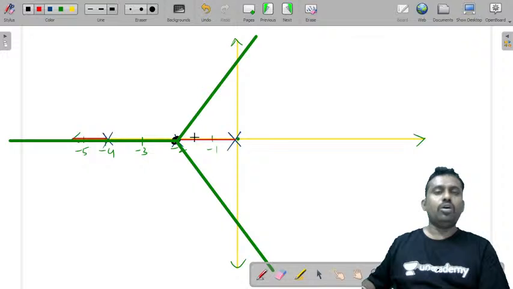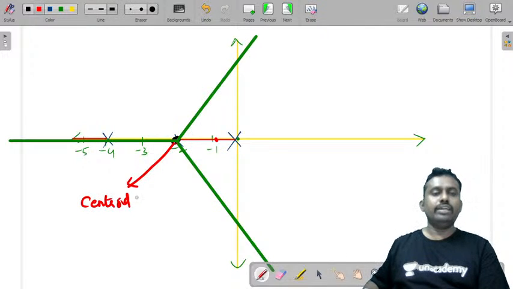We have got -0.8 as the breakaway point. The centroid is at -2.